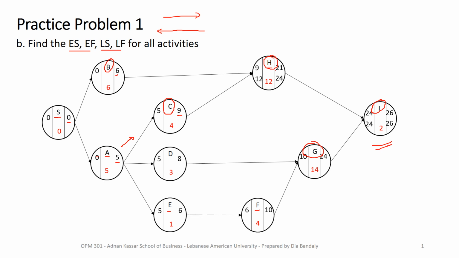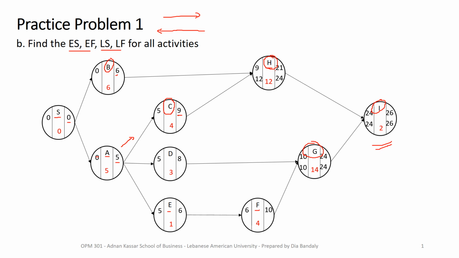Now we go to G. It will also have a latest finish of 24, which is the latest start of I, and since my calculations are backwards, 24 minus 14, that's 10 in here.